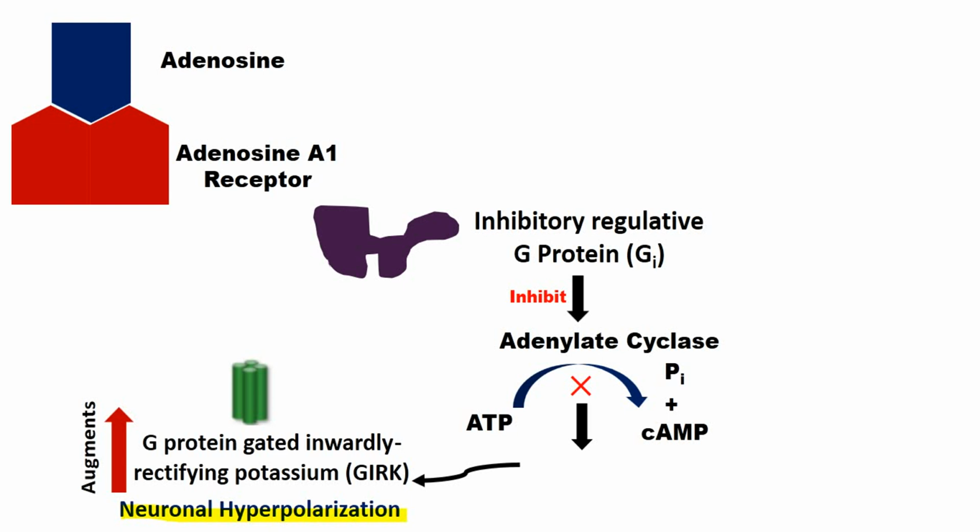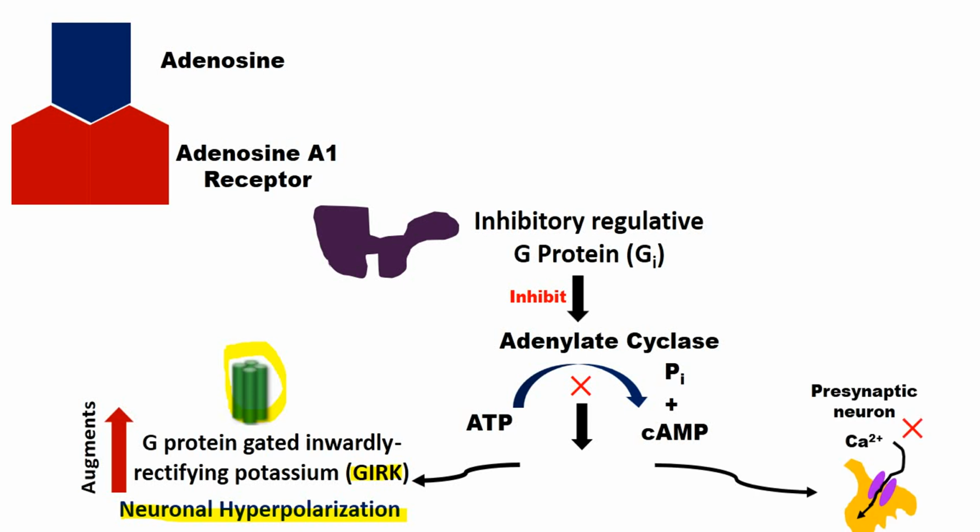It augments the G protein gated inwardly rectifying potassium channel, abbreviated as GIRK, and this augmentation leads to neuronal hyperpolarization. On the other hand, it also affects the presynaptic neuron. In the presynaptic neuron, it blocks the calcium channel. So, therefore, calcium cannot enter the presynaptic neuron.